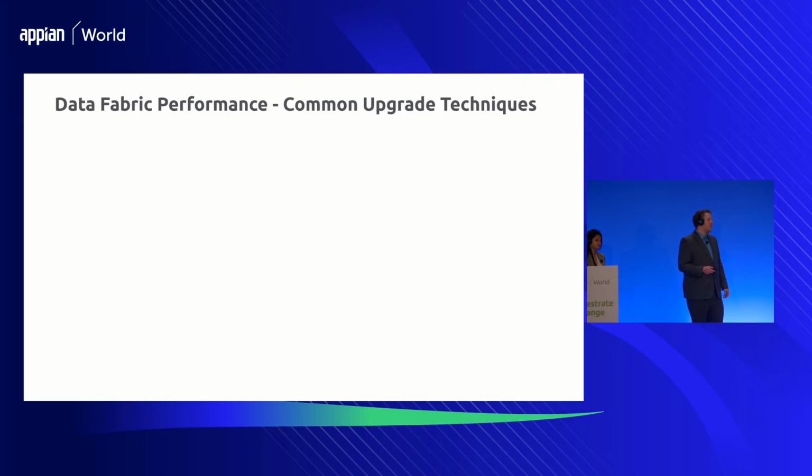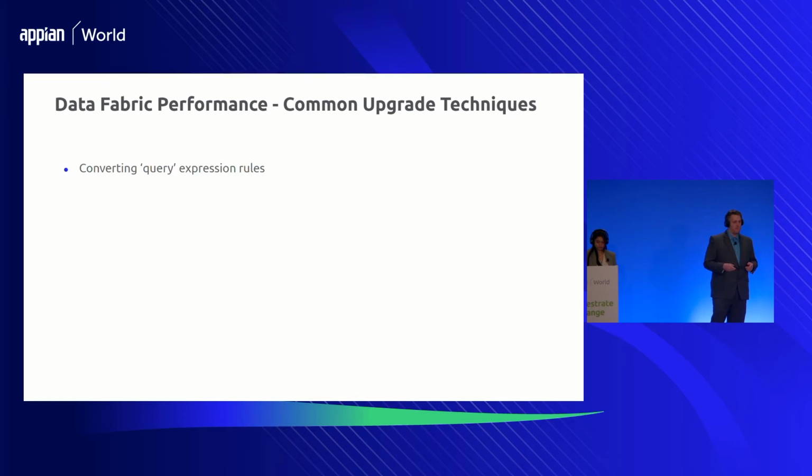Okay. All right. Now, I'm just going to take you through a couple typical stories for how a low-code developer might go about upgrading to synced records to achieve better performance. This is a really generic kind of example, but let's just say you have a bunch of expression rules that aren't performing very well.